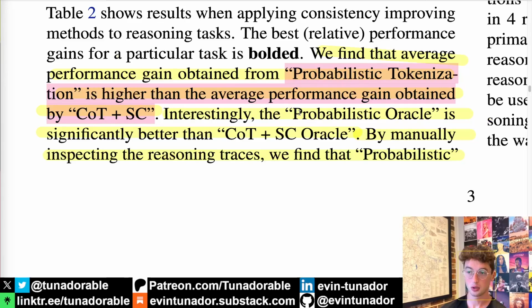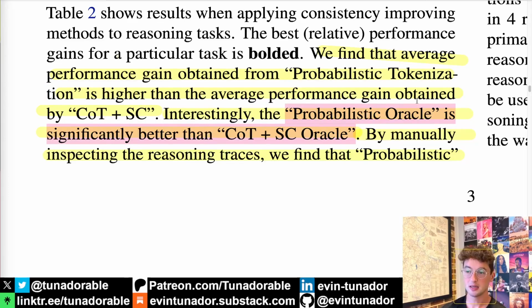Interestingly, when you look at oracles for both methods, aka post hoc picking of the actual ideal output, as in from every single one of the 64 options created by chain of thought plus self-consistency, and similarly every single one of the 64 output options from this method, you go through and see if there was somewhere in there the best answer, even if the best answer wasn't actually chosen by mode, by the most common answer. And you use that oracle, aka that specific fine pick selection of just the best answers from the options, as opposed to the most common answers.